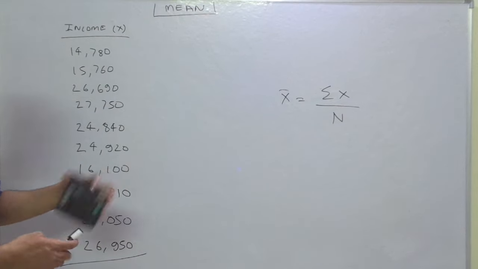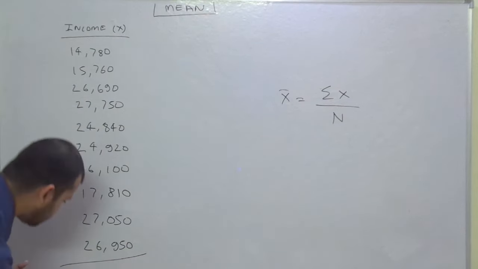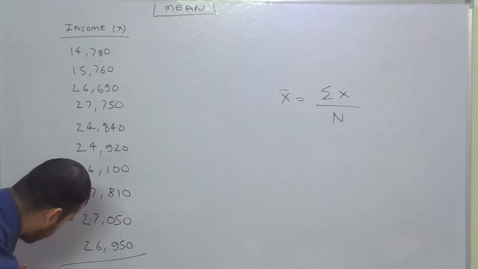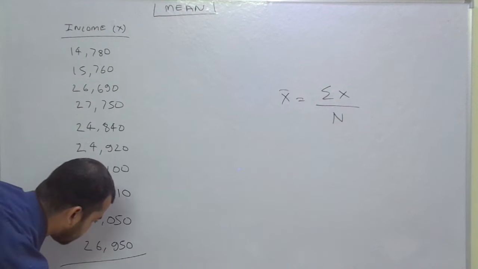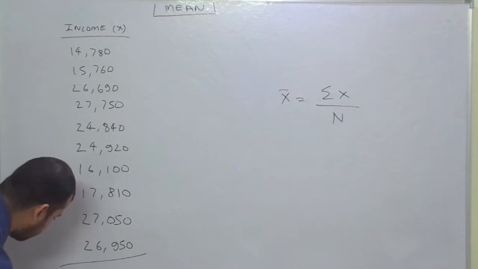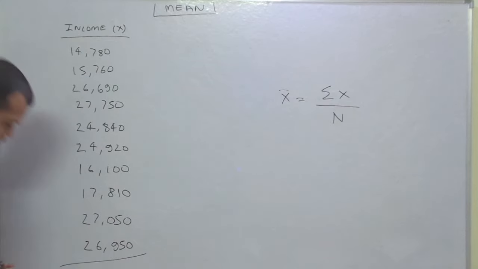So the total comes out as 2,22,650. This is your summation x.